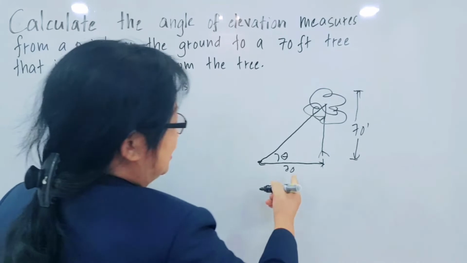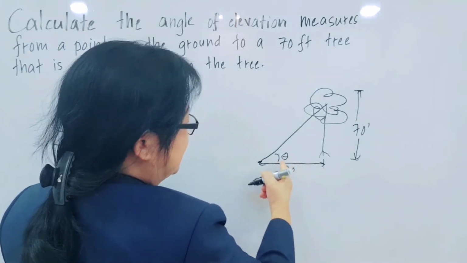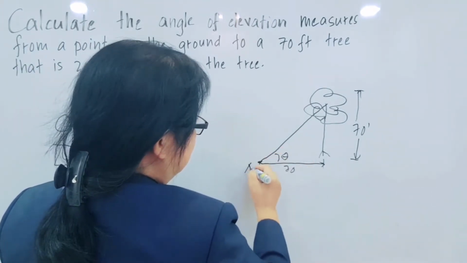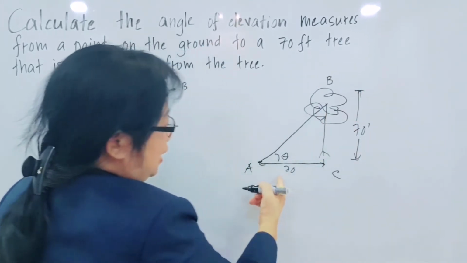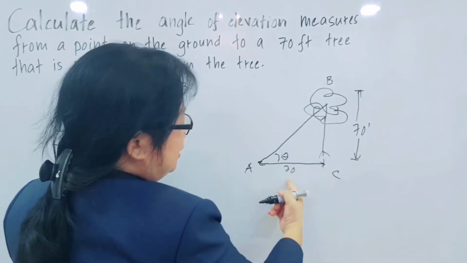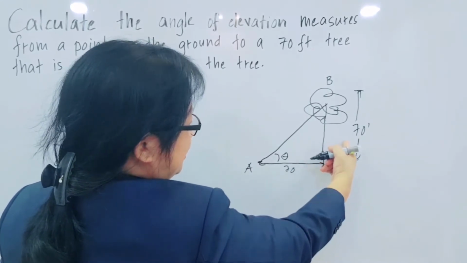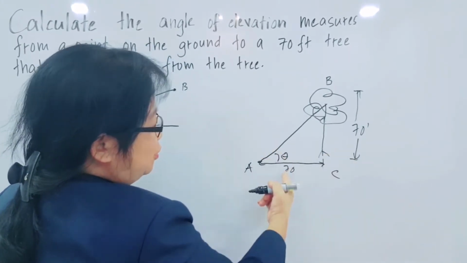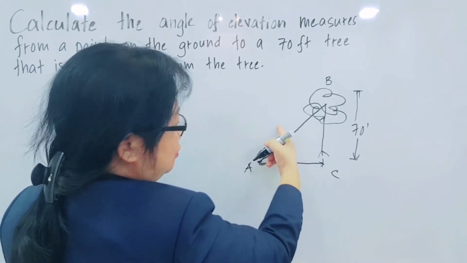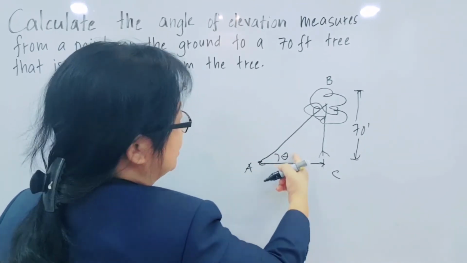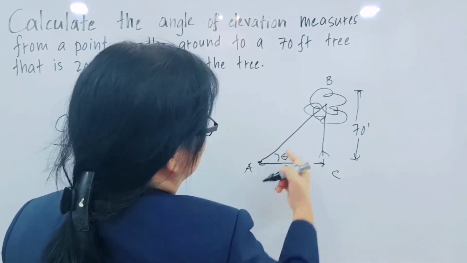We cannot use sine because, for example, this is A, this is B, and this is C. This one is given, and this height is given. If we use sine, this one is unknown, so it cannot be. We have to look for the angle.